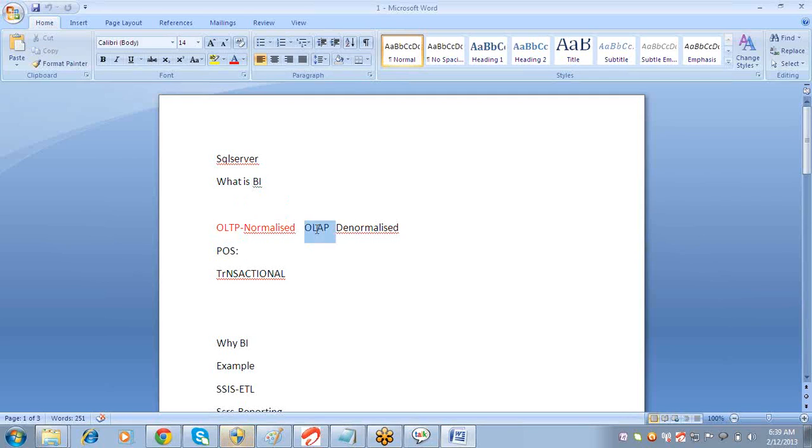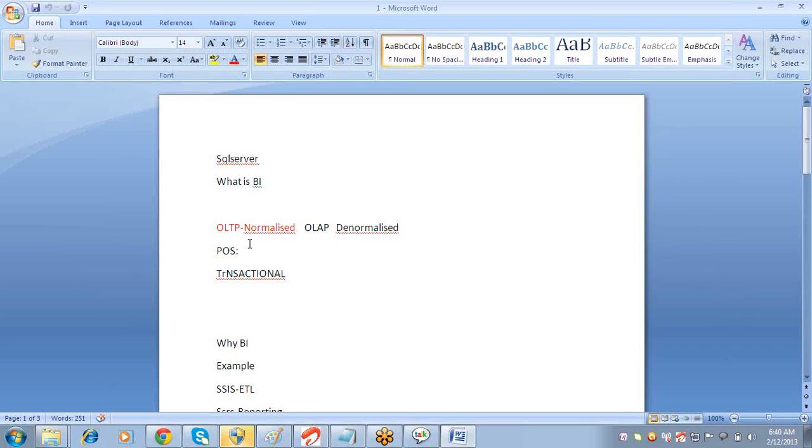Now OLAP. When it is designed like this, entering of data will be easy. In the sense, transactional processing will be easy. If you have to enter new data, you don't have to enter the full thing, like India, Hyderabad or whatever, every time you enter an employee.